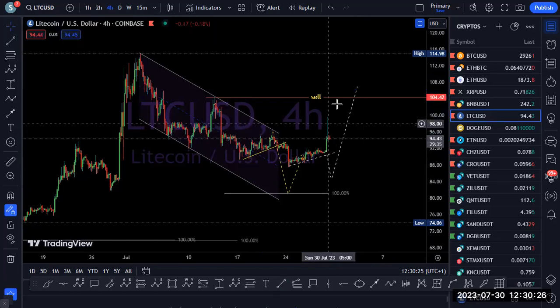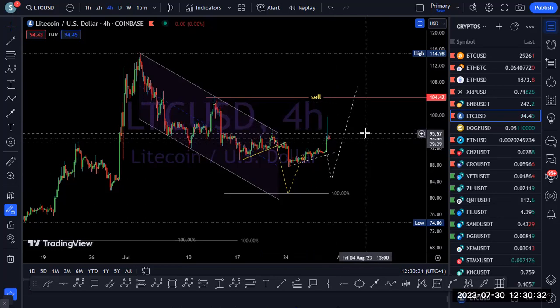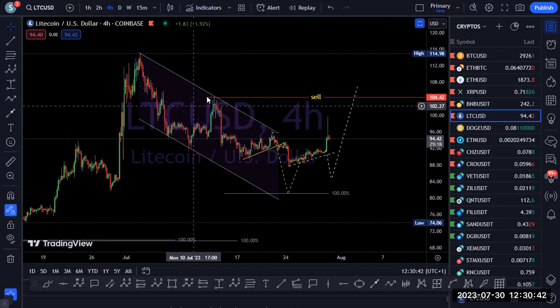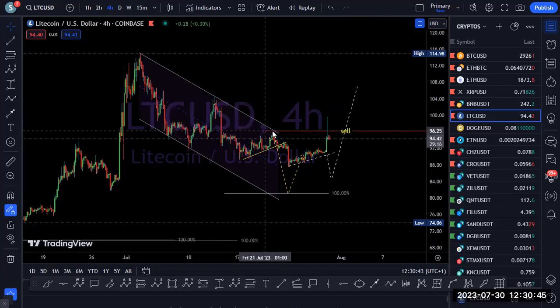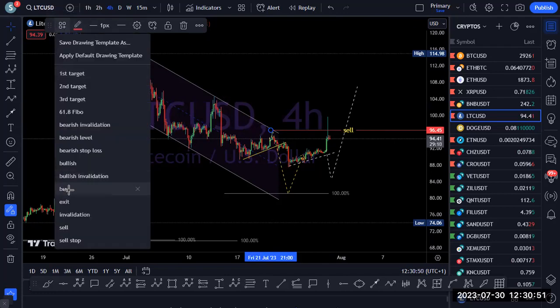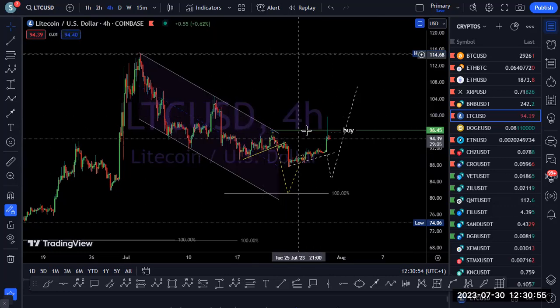I'm expecting another move up, or maybe it will delay. The Litecoin is being so strong. It is stronger than Bitcoin these days. What is the cause? To watch the news, I want to be brief. So this is still buy confirmation. I will change this thing to buy. So when price comes back to this zone and opens and goes above it, you look for buy for a bigger move.